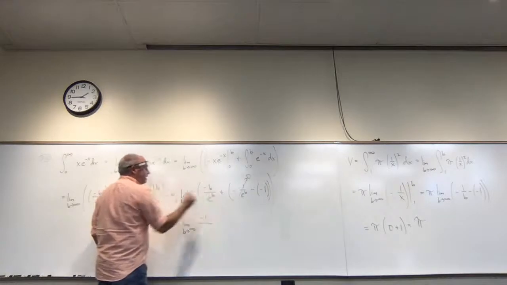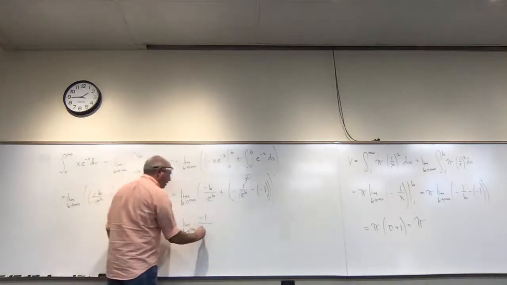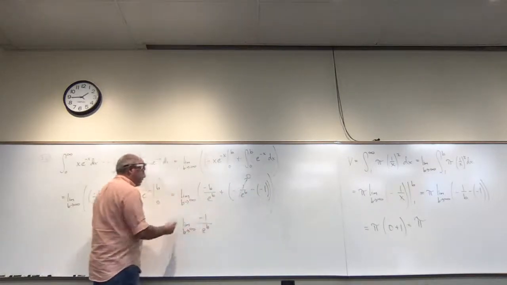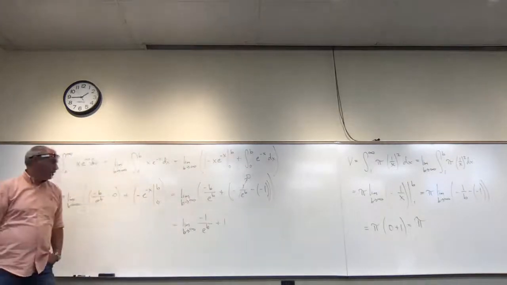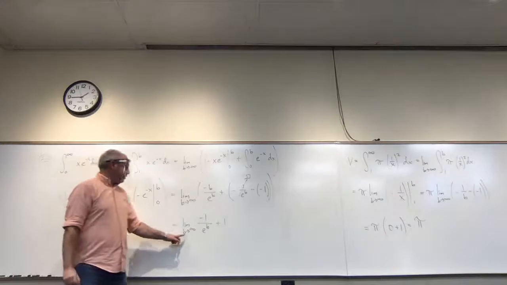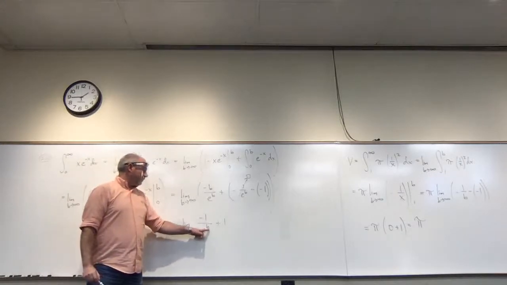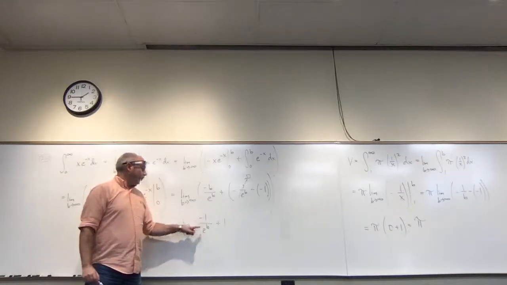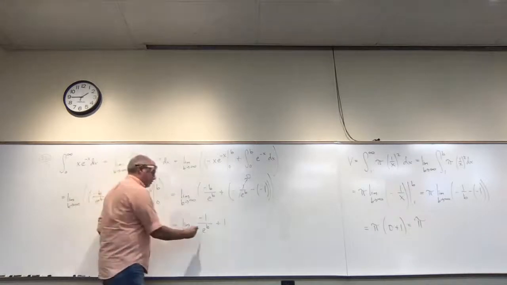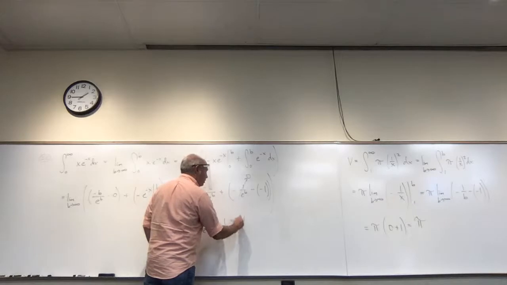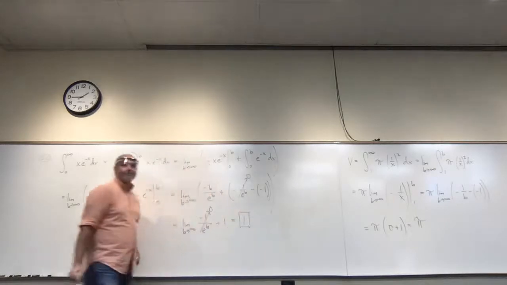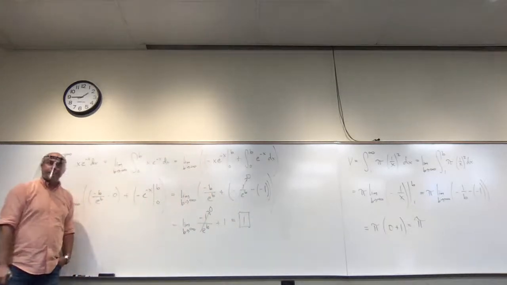And the derivative of e to the b with respect to b is e to the b. So now we have this limit, and then I still have that plus 1 at the end. So the limit now as b goes to infinity, e to the infinity is infinity. 1 over infinity is 0, and I'm left with 1. And that's it.